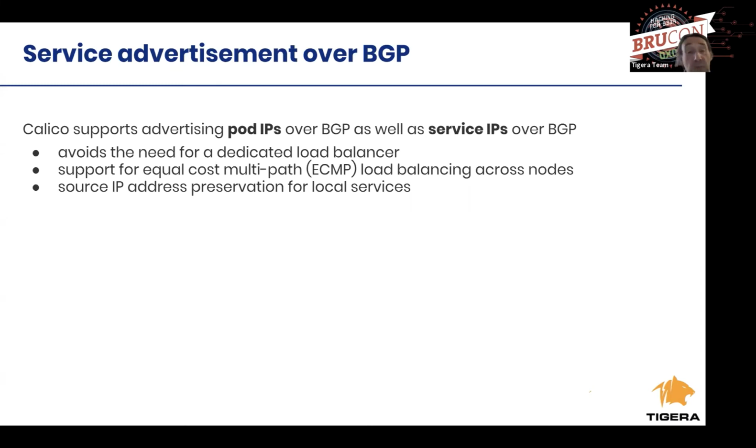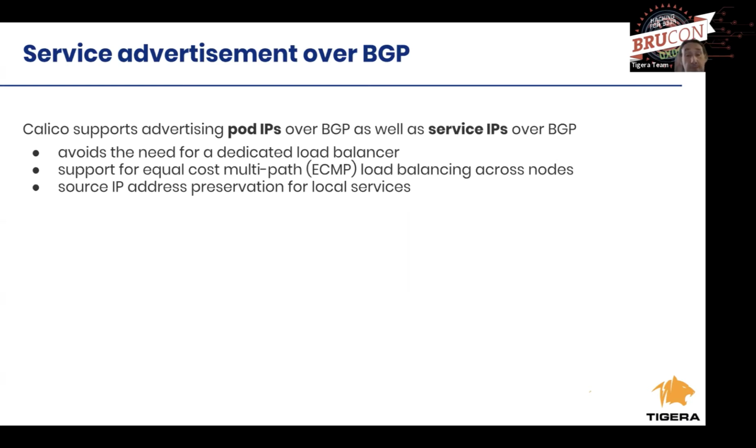So if you explain to Calico that it can exchange BGP routes with top-of-rack routers or firewalls or something like that, your network infrastructure can be made aware of the service IPs or the service ranges that you want to make available.